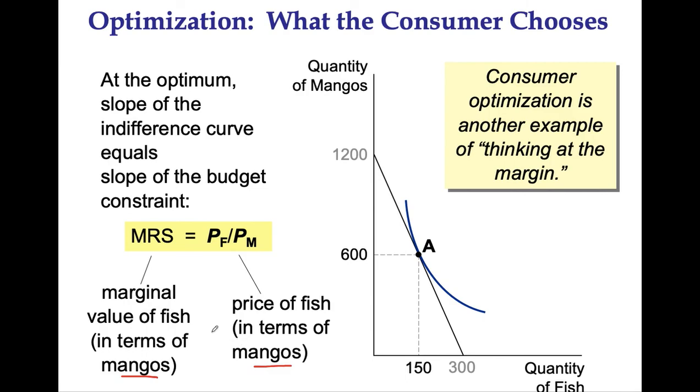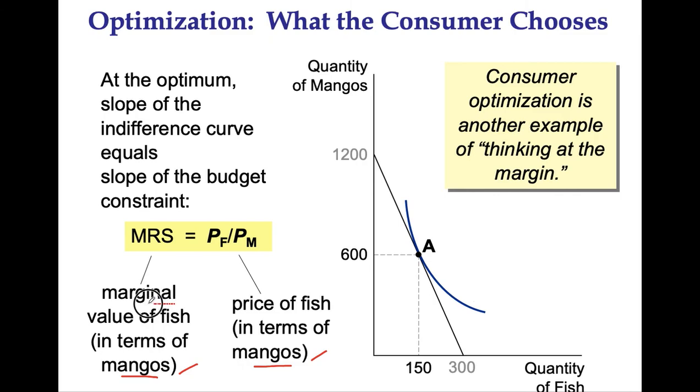So the optimum is achieved and determined when the marginal rate of substitution is equal to the relative price. In our example, the optimum is achieved when the marginal value of fish in terms of mangoes is equal to the price of fish in terms of mangoes.